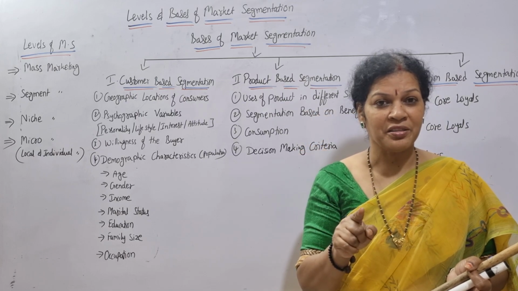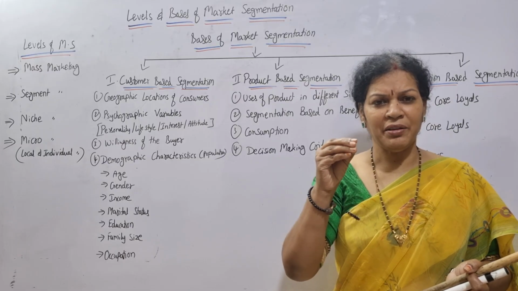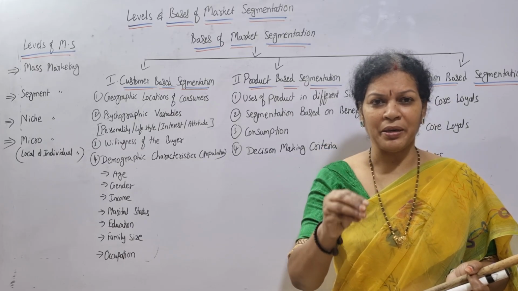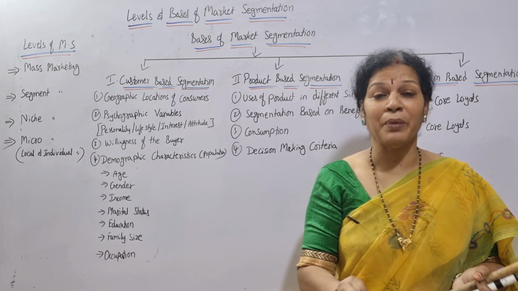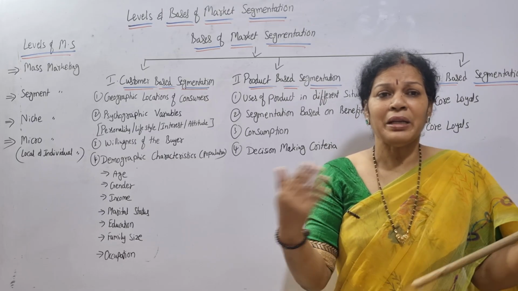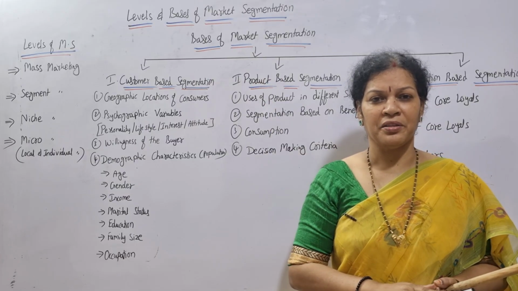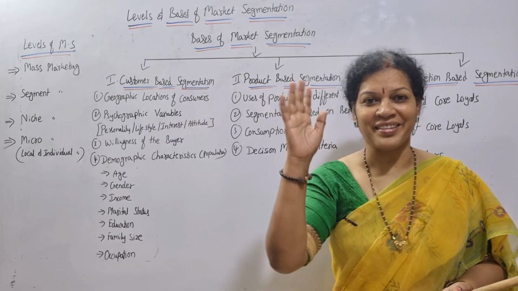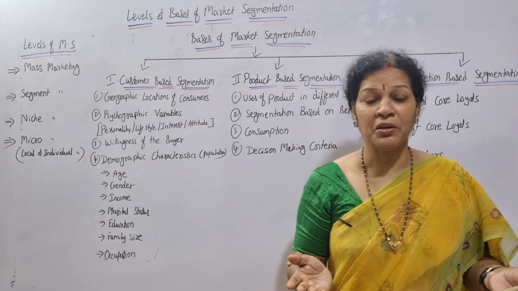Sometimes our product is required by all kinds of people, even low category people, in the sense of low income group, they can buy it. They have to buy it, irrespective of geographical area, in every area. Example, shall I tell you? Salt. Everyone needs it, irrespective of geographical area.